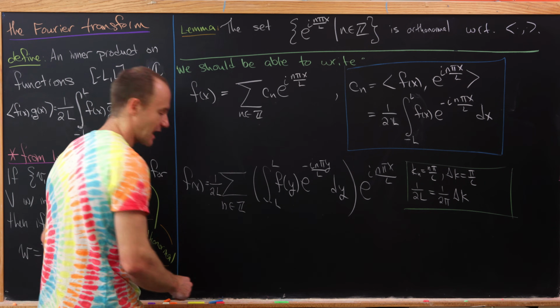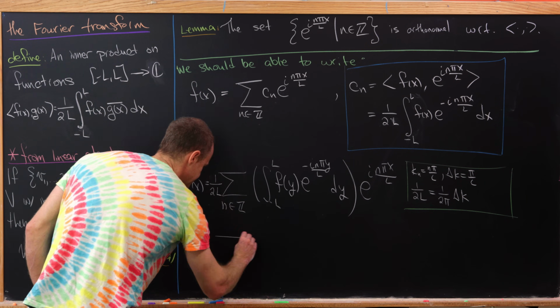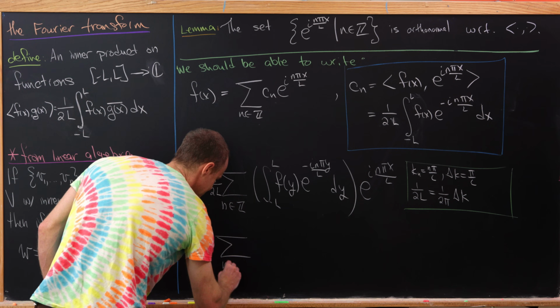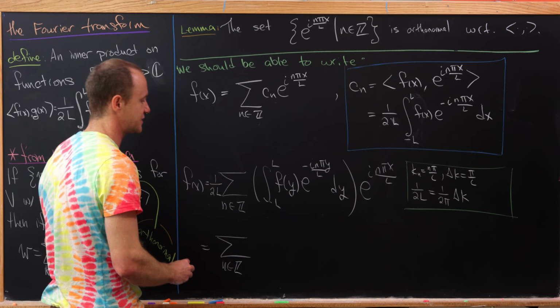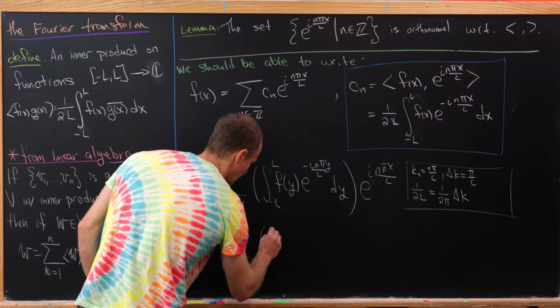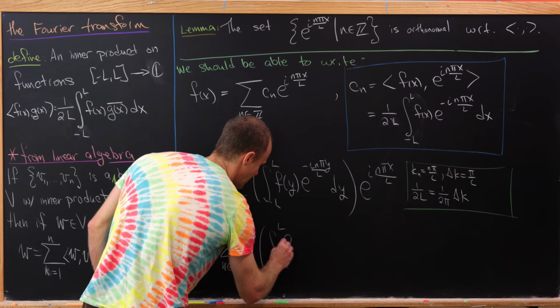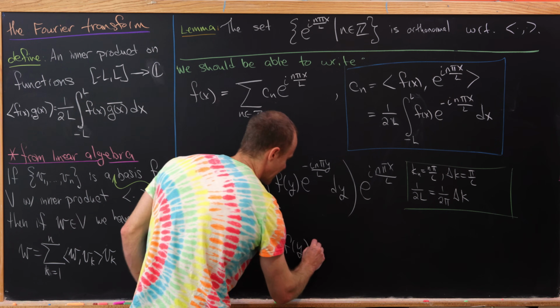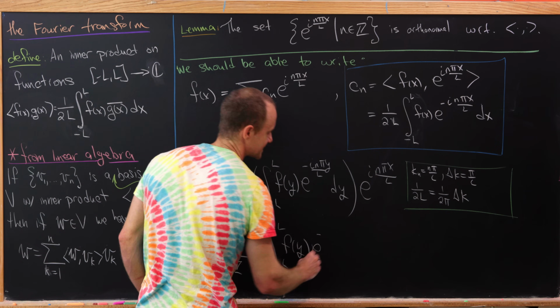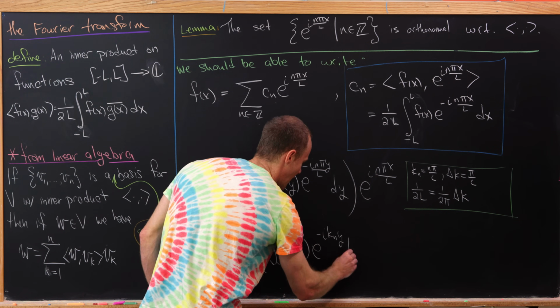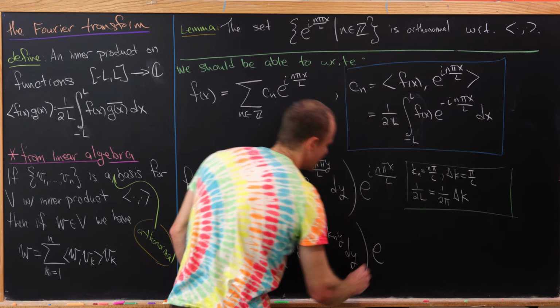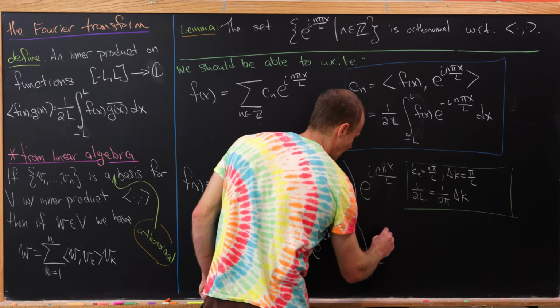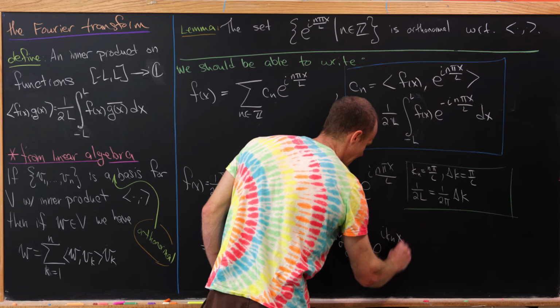Okay, so now let's see what we have from there. So that means we can write this as the sum over all integers of, well, we've got our integral from minus L to L of f of y e^(-i k_n y) dy, and then e^(i k_n x).